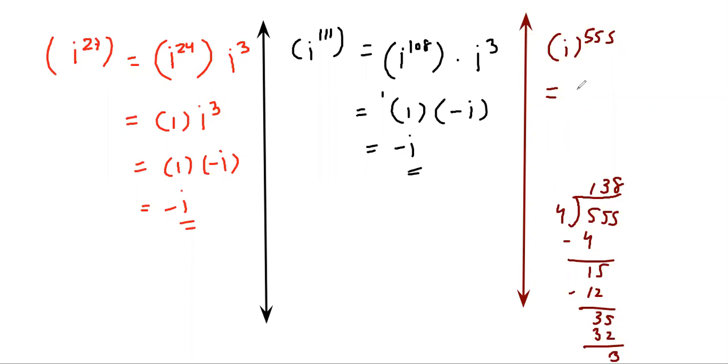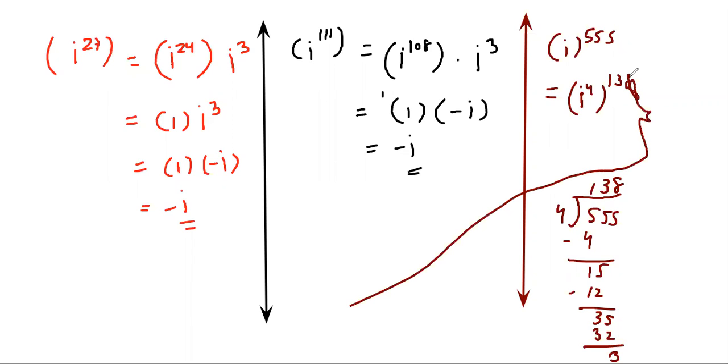So I would write down here i raised to 4 into 138. And what is remaining here? The remainder is 3. So I have to write down here i cube.